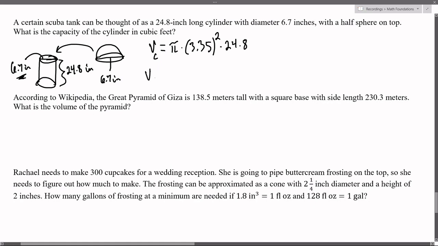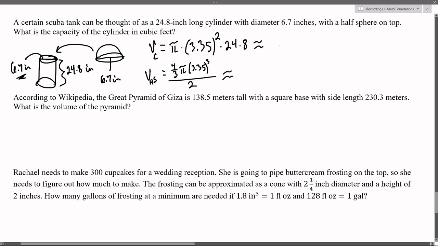And the volume of the half sphere is going to be the volume of the full sphere, 4/3 pi r cubed, with r again 3.35 cubed, and then we divide that by 2 because it's half the sphere.